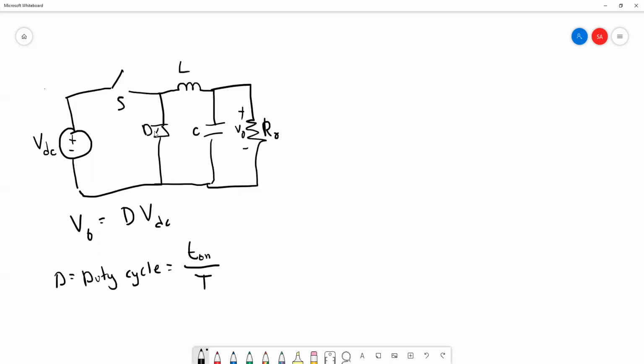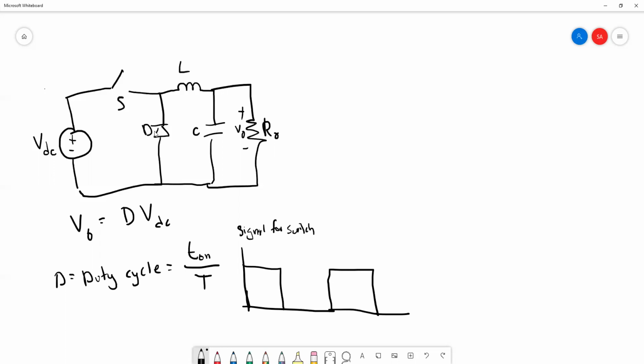To be precise, for example, this is the signal for the switch. This is the period of our switching, which is T. This is what we call T on.